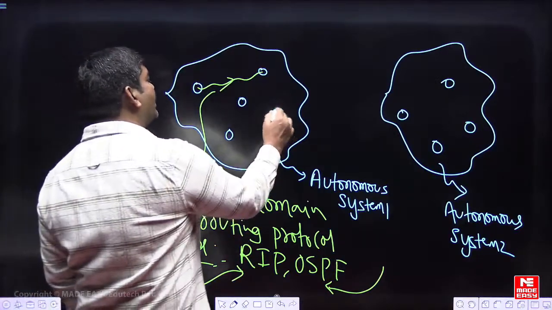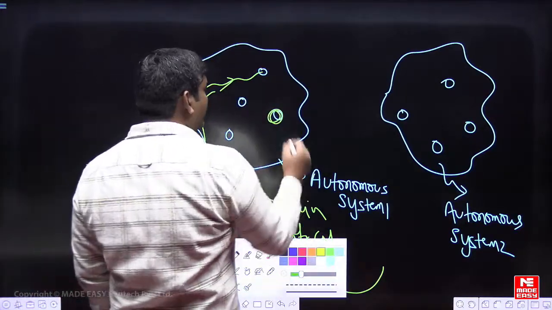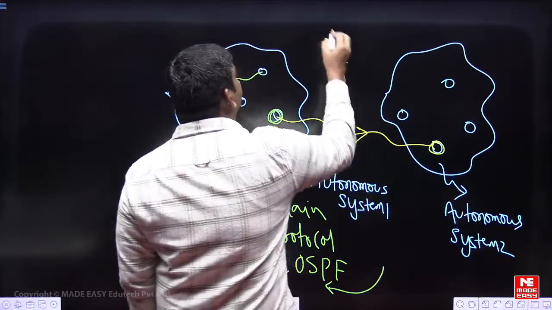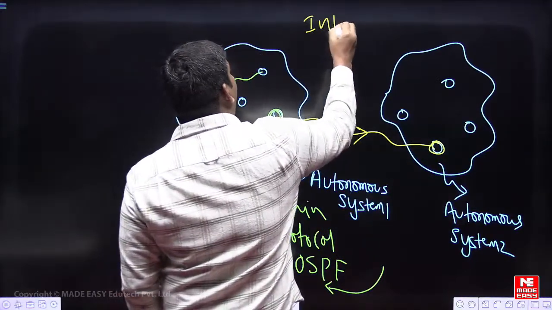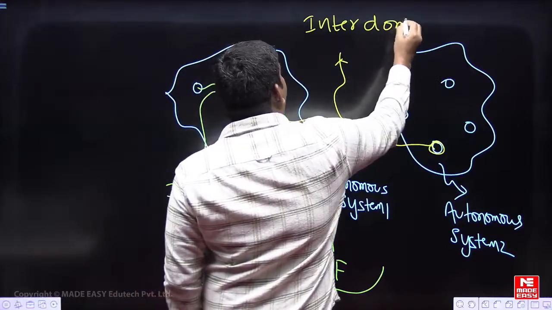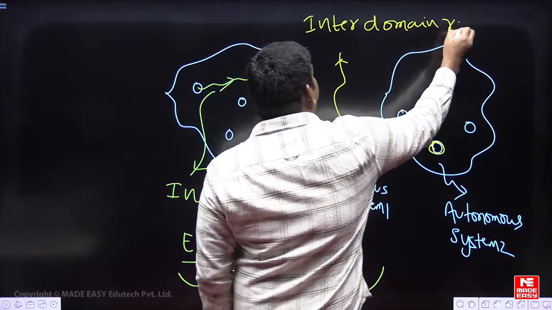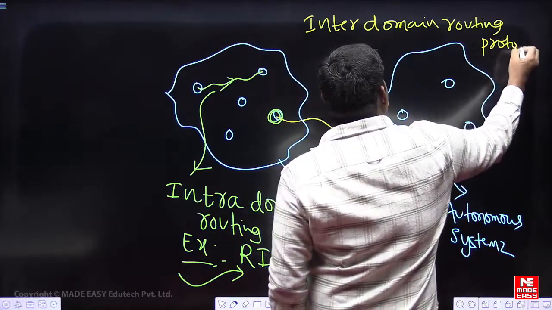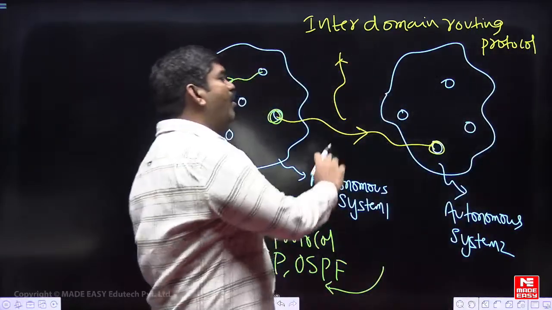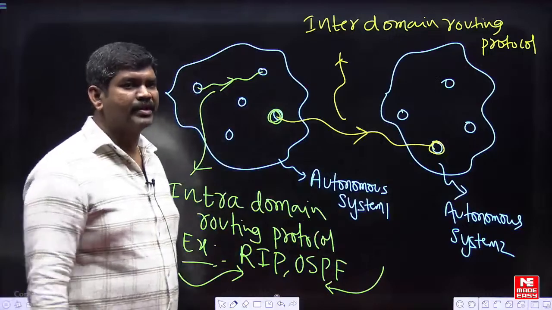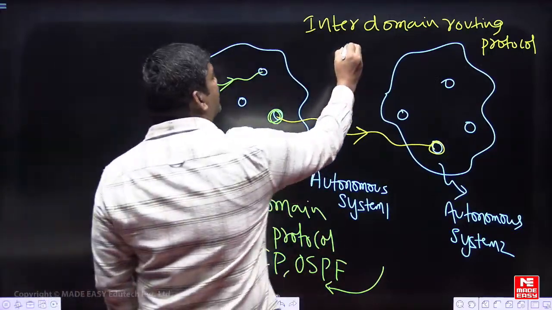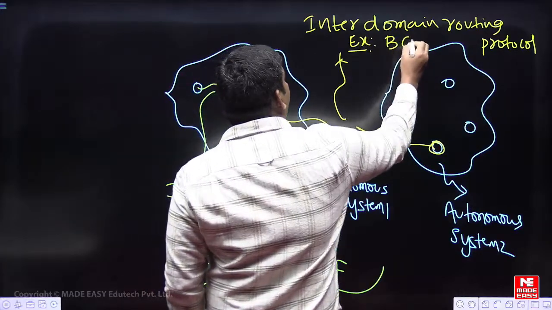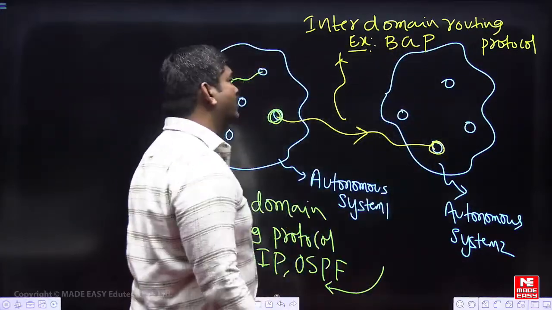But if a router in one autonomous system is transmitting data to a router in another autonomous system, you call such a protocol inter-domain. Why go for inter-domain? Whatever data packets you send have to pass via all the autonomous systems and finally reach the destination. The protocol implemented for this inter-domain routing is the Border Gateway Protocol.